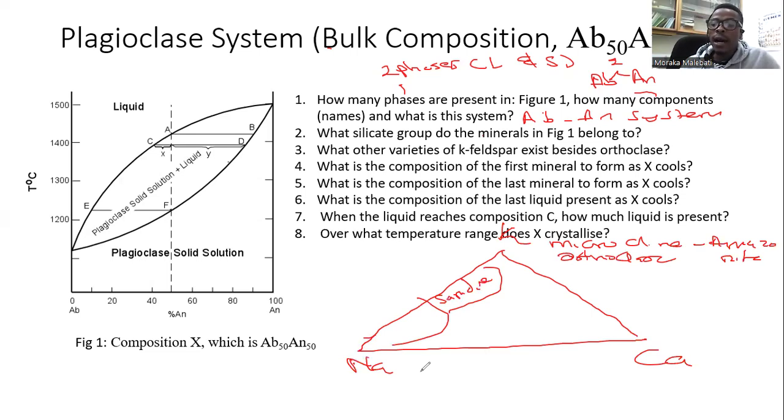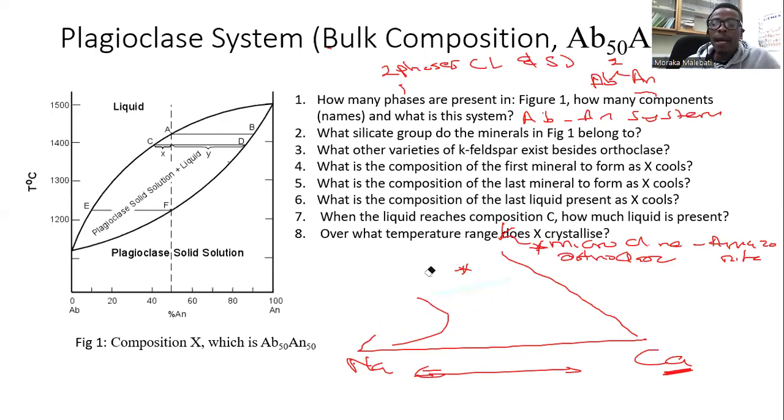Then remember these end members: oligoclase, andesine, bytownite, labradorite, and many others until we have the anorthite. So when we ask what other variety of K feldspar exists besides orthoclase, it means we've got sanidine and we also have microcline. I hope it makes sense.